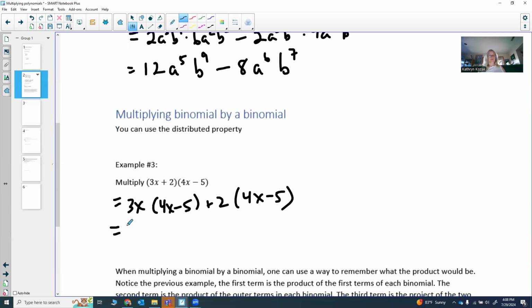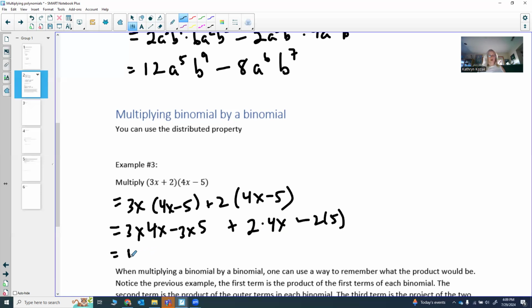Then distribute again, 3x times 4x minus 3x times 5 plus 2 times 4x plus, minus 2 times 5.